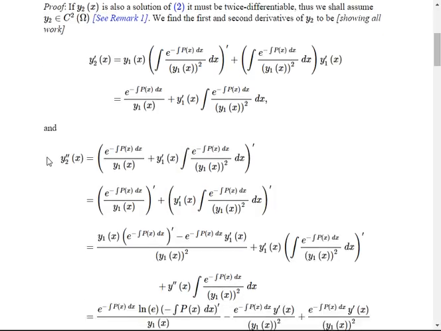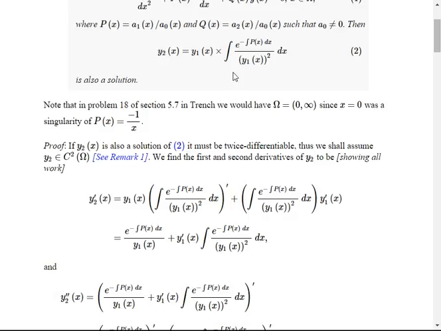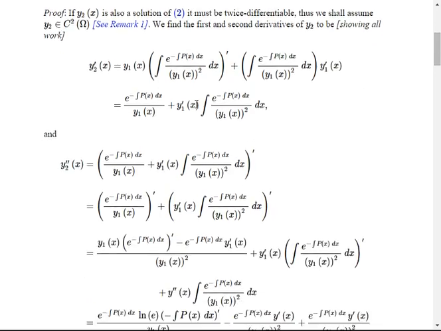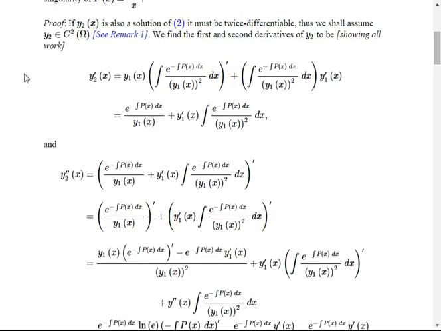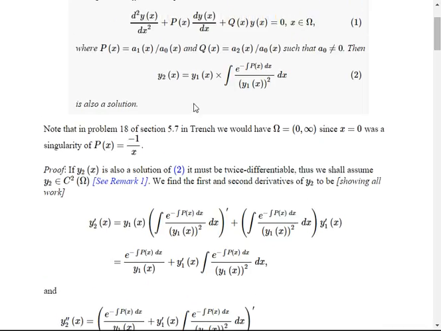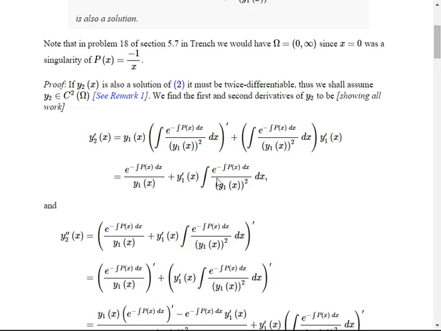So, moving on to the proof, we make the assumption that y2 is twice differentiable. I'll talk more about that in a second. This notation just means that y2 has two continuous derivatives on the set omega. Taking the first derivative, we have a product rule for y2, which would be first times derivative of the second plus second times derivative of the first, as I've written here, which simplifies to this term.